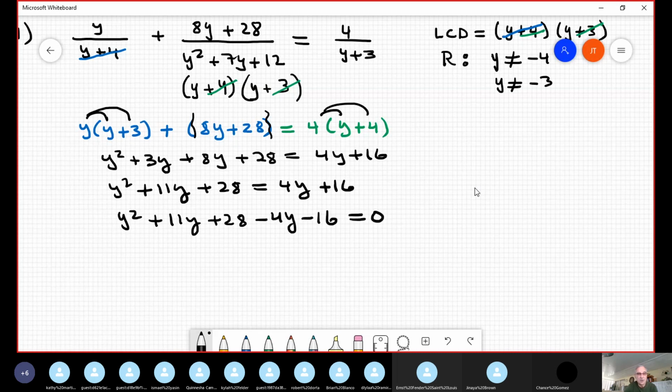And one more time, we combine like terms. This is 7y, no? And 28 minus 16 is supposed to be 12, no? Let me see, 28 minus 16 is 12. Plus 12 equal to 0.